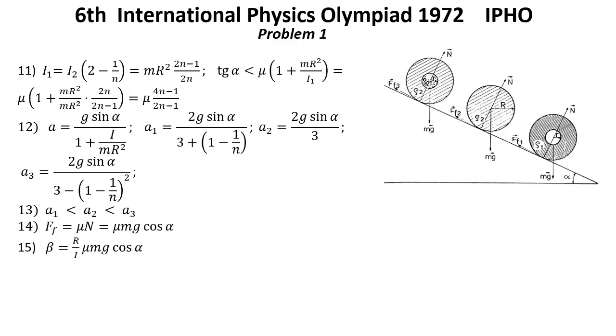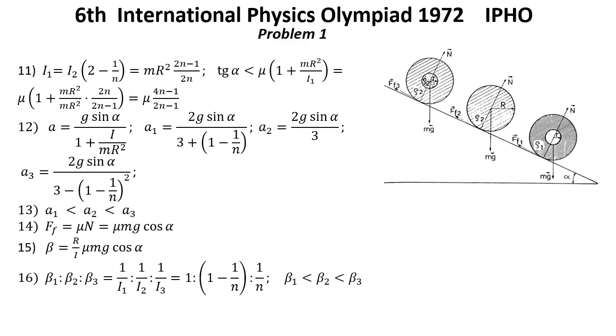And for the cylinders of the problem we have such conditions that angular accelerations are inversely proportional to the moment of inertia. So it means that beta 1 less than beta 2, which is less than beta 3.